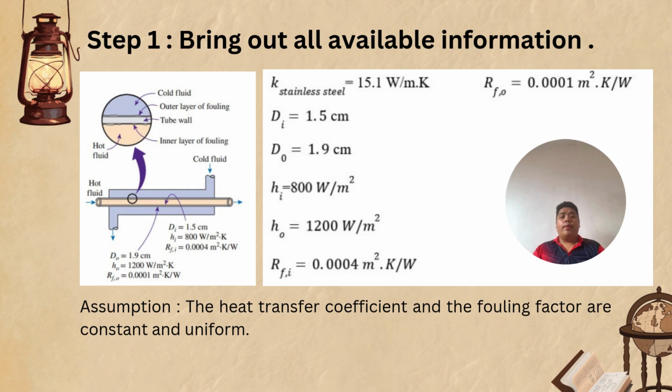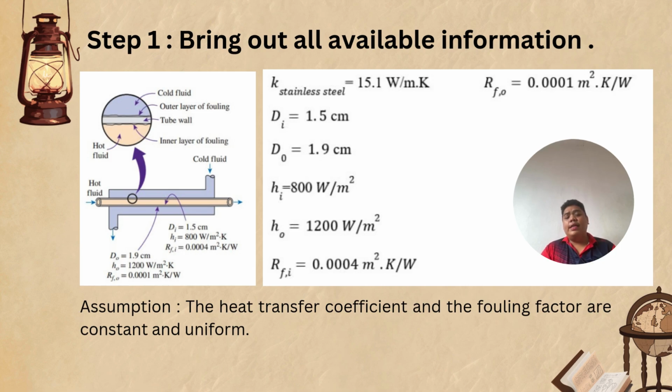To solve this problem, first we need to bring out all available information from the question and diagram, with the assumption that the heat transfer coefficient and the fouling factor are constant and uniform. From this question, we know that the thermal conductivity of stainless steel is 15.1 watt per meter Kelvin. Its inner diameter is 1.5 centimeter, and outer diameter is 1.9 centimeter.